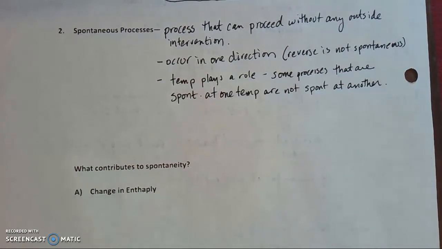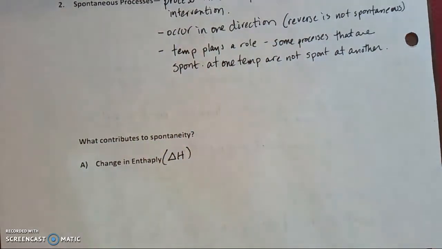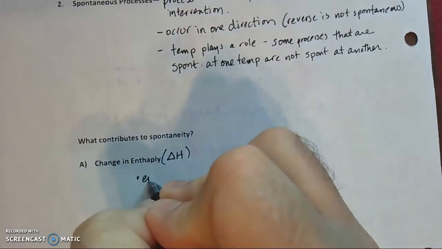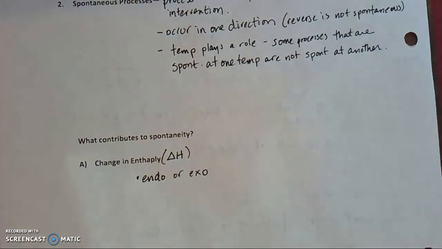So there are two things that contribute to spontaneity. One of them we've already looked at, and that is a change in enthalpy. So that is our delta H value. So endo or exothermic reactions.